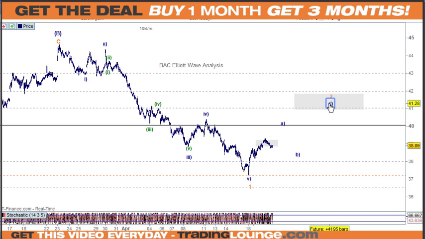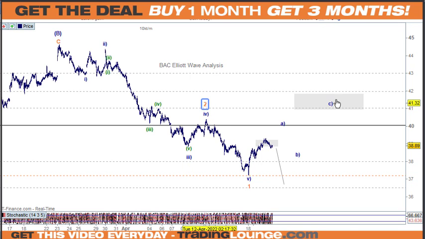If I've got this wrong, then we'll be going down from here. Now the way that I would get this wrong is that wave 1 would go over here, and wave 2 would go over here. Okay, and this would be wave 1 with a little ABC for 2, and then we would just come down from that point. So that's possible. I don't think it's the case, but I do need to point it out.